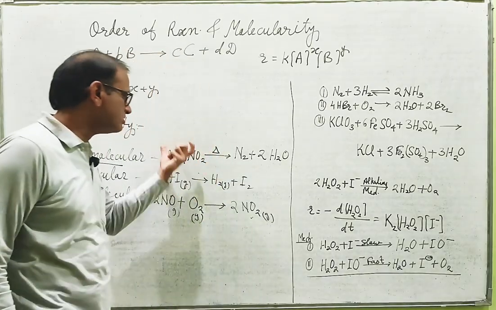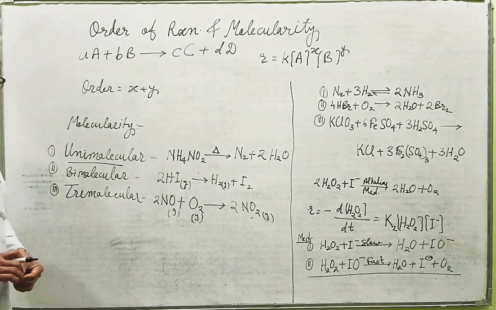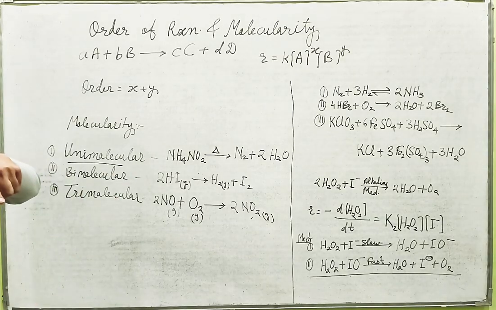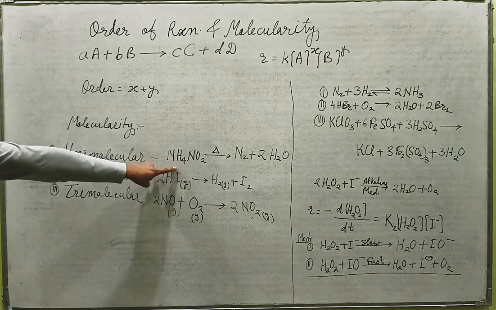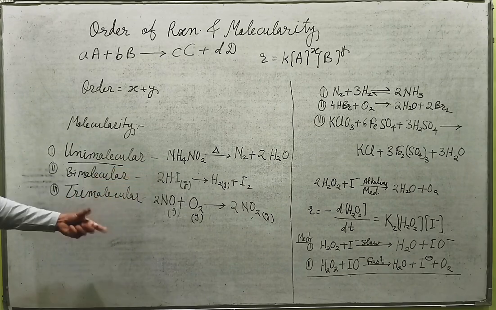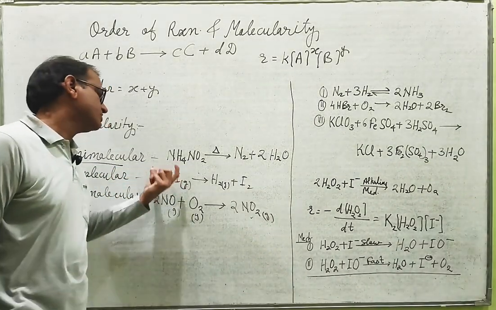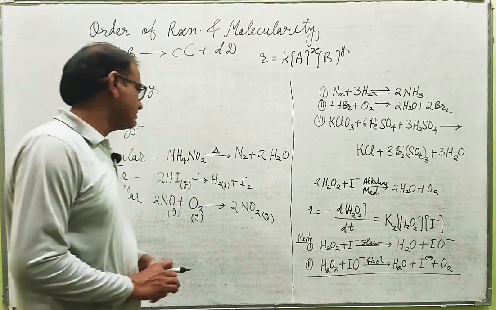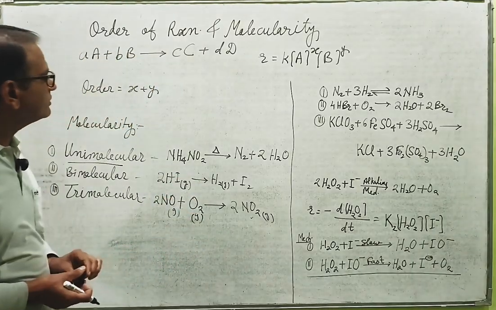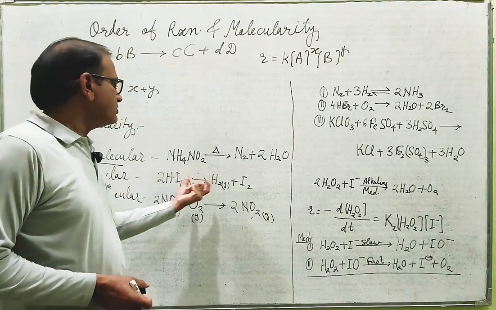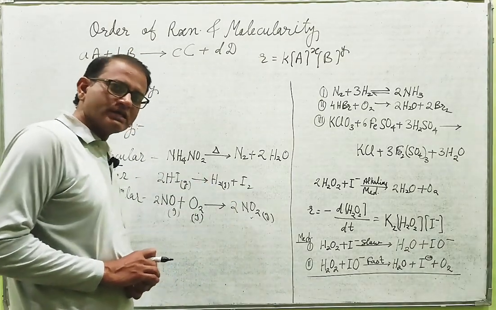So here only one molecule is taking part in this elementary reaction, to be precise. So that is a unimolecular reaction. Likewise, bimolecular reaction means 2. If you take hydrogen iodide and give some heat or energy, it will break up into hydrogen gas and iodine gas.